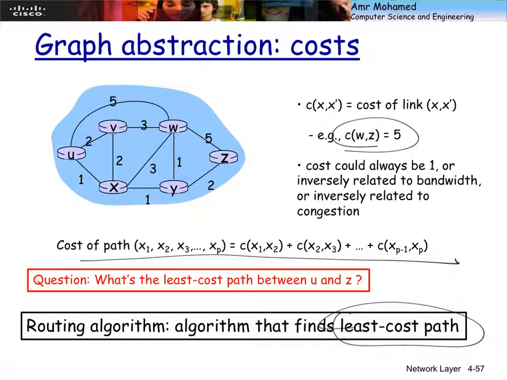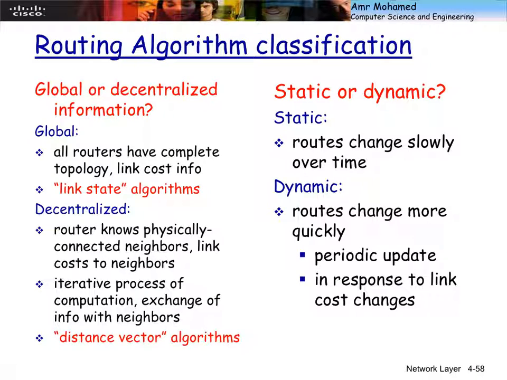And we will also study the Bellman-Ford algorithm, which is used by distance vector routing protocols. We will analyze it from a performance perspective, and we will be able to study the difference between these two techniques.